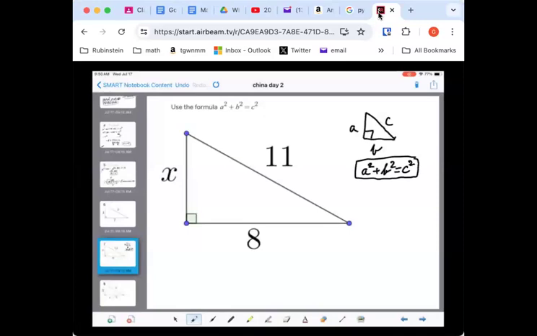Yesterday we proved it a couple of ways, and now that we've established it, we can use it to answer questions where we have triangles and some numbers thrown in.